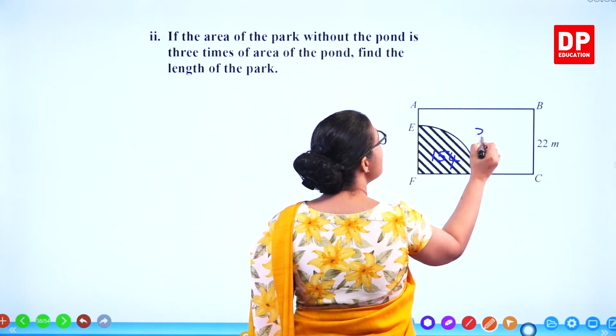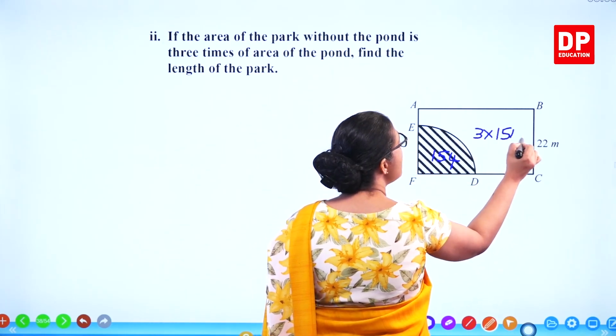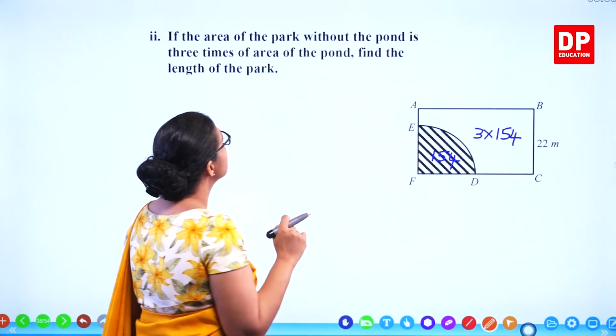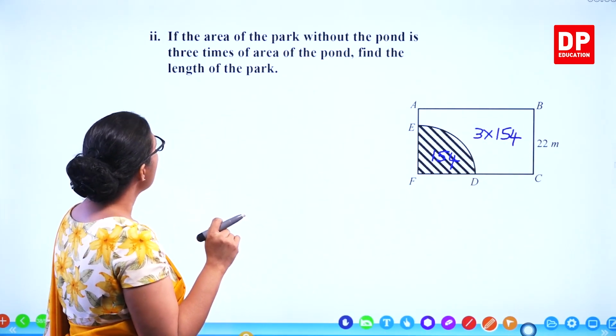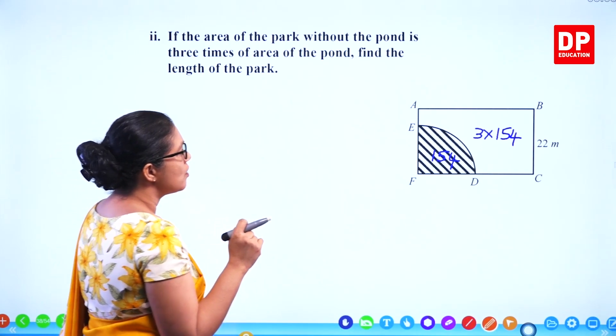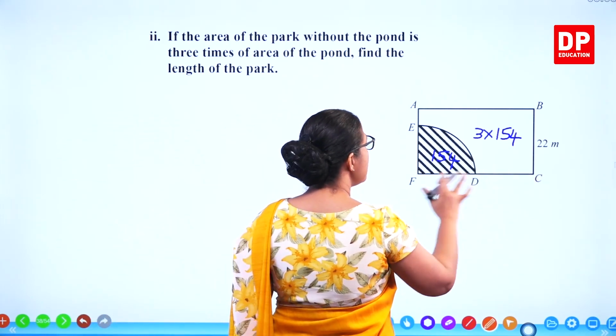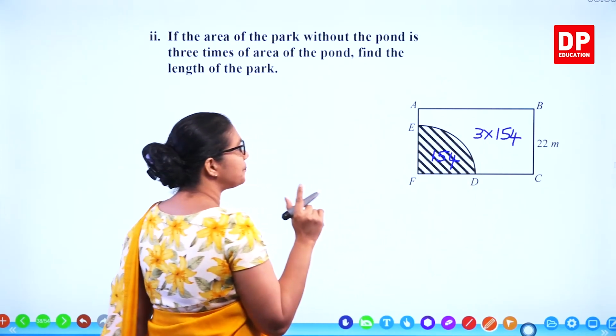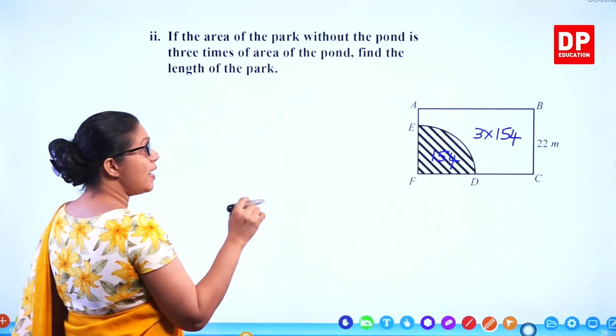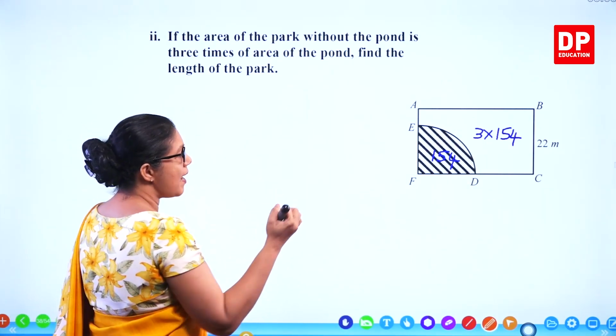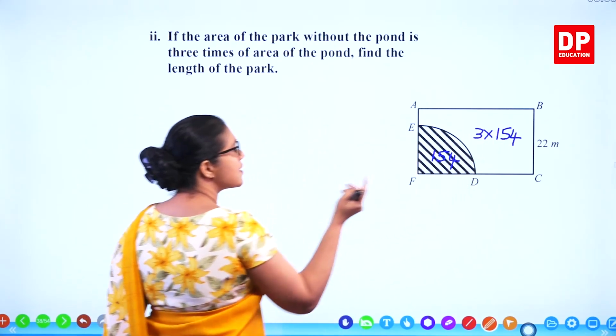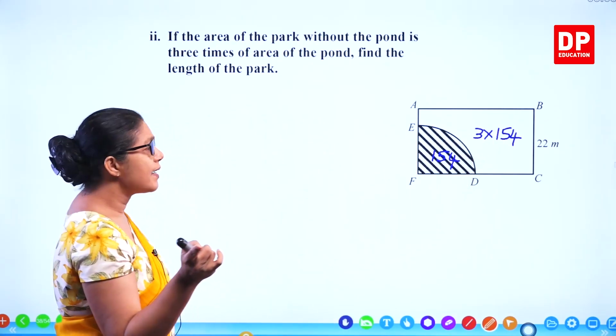This is 3 times 154. It's given the other part without the pond. Find the length of the park. So we can find out the length is FC or AB. Now the area of the rectangle is the same as the area of these two parts. So what's the area of a rectangle?